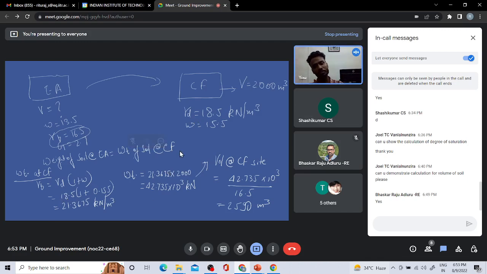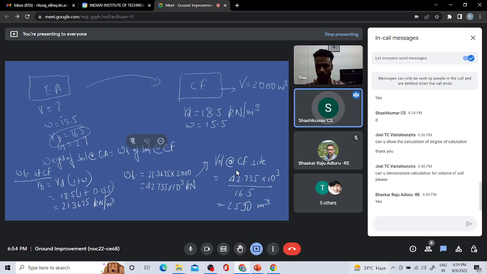That weight of the overall matrix will be the same as what we are bringing from the excavation area. At the excavation area the weight is the same but the volume of the soil will be different. So then I am using the gamma bulk of 16.5 kilonewton per meter cube, and with the help of that I am calculating the volume.